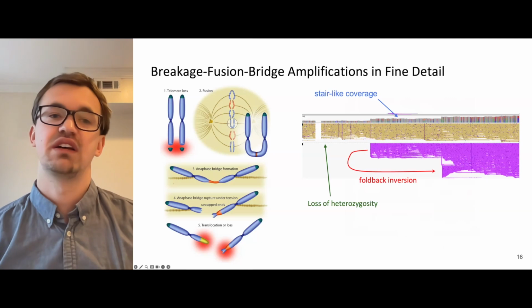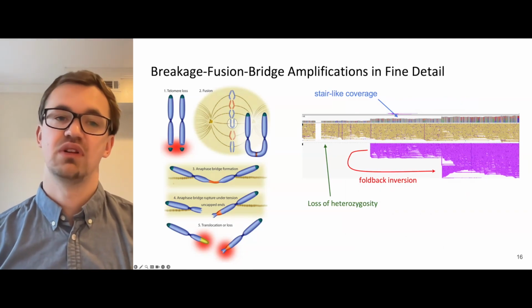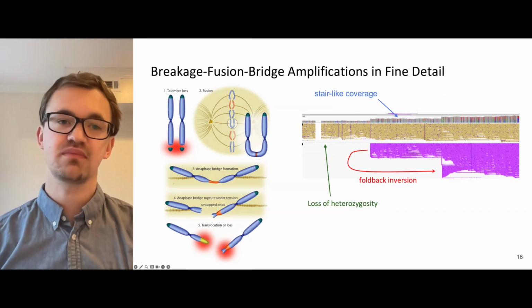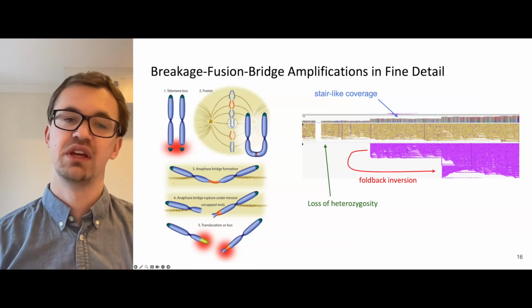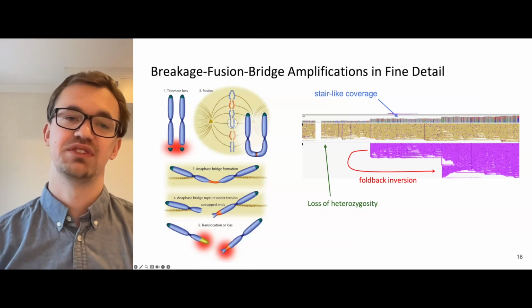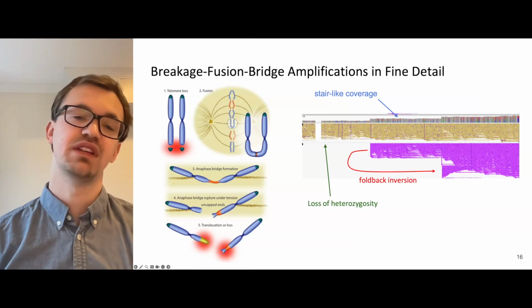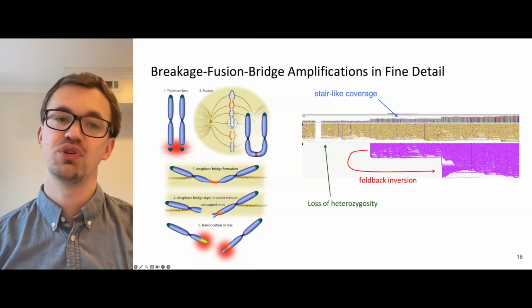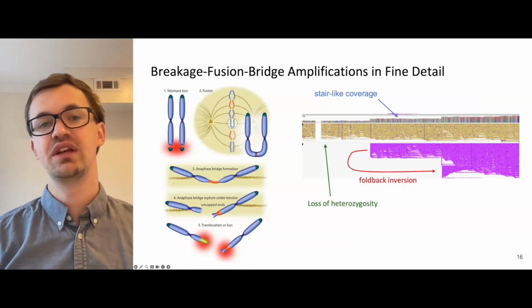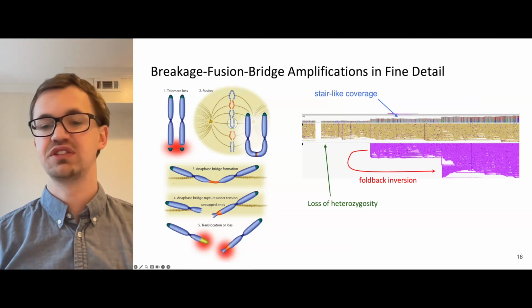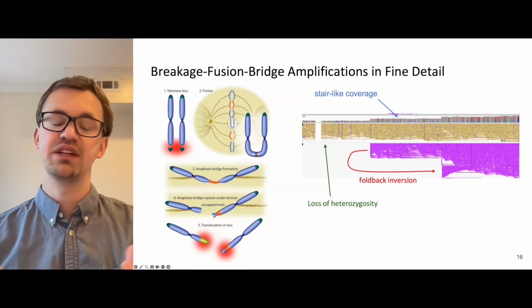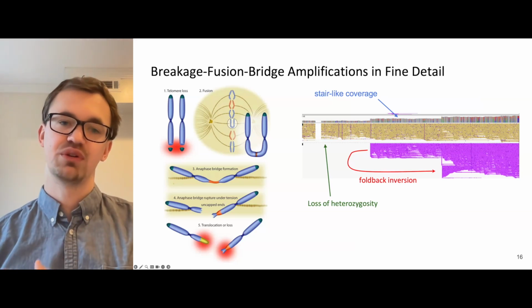So here's an example of long read alignment, which is phased. We see one haplotype is completely untouched. The other haplotype has a fold-back inversion and a loss of heterozygosity on the telomeric side, just as we expect, because after this break, the telomeric portion of the chromosome is lost.